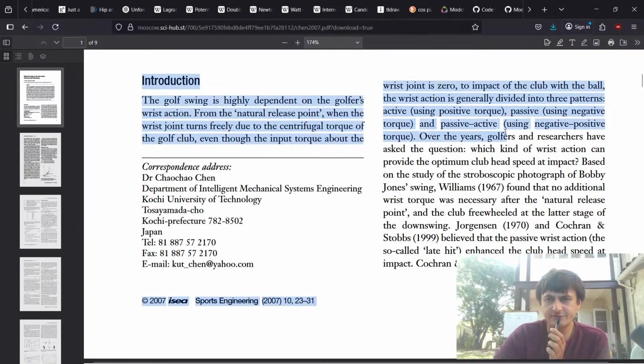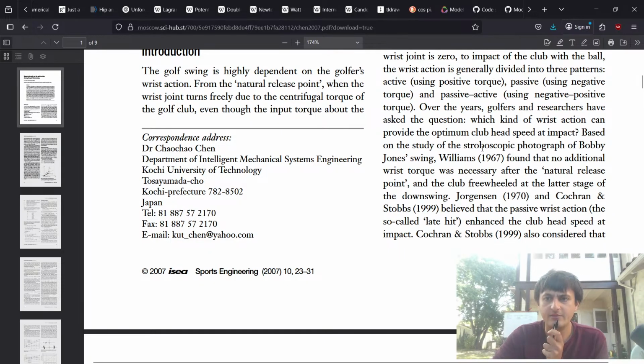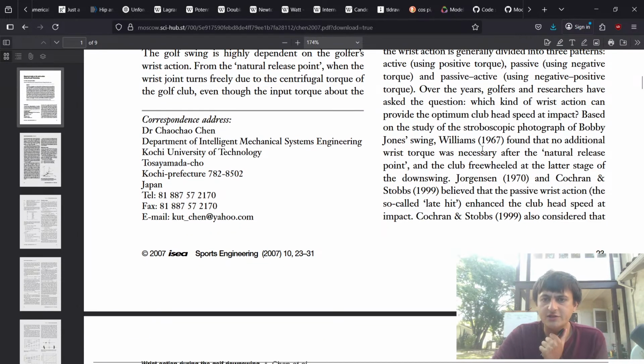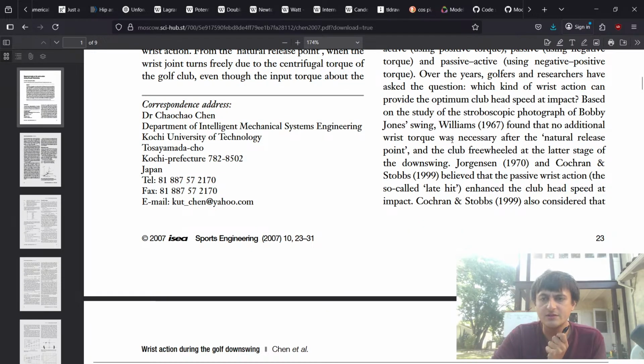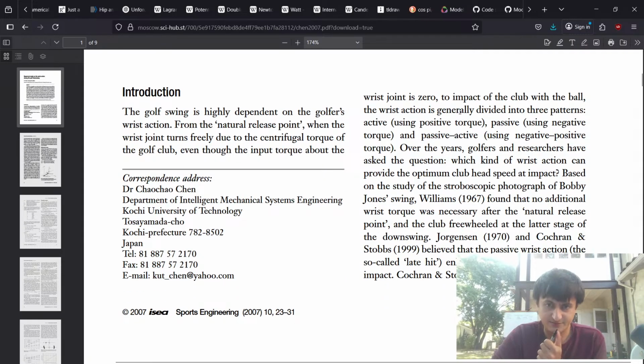Over the years, golfers and researchers have asked which kind of wrist action provides the optimal club head speed at impact. Williams found that no additional wrist torque was necessary after the natural release point. So, do they cite what natural release point even means?